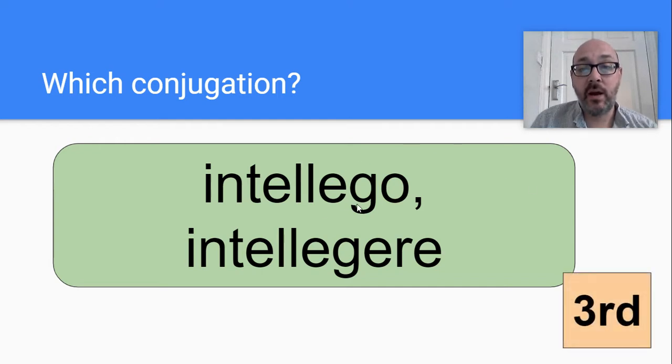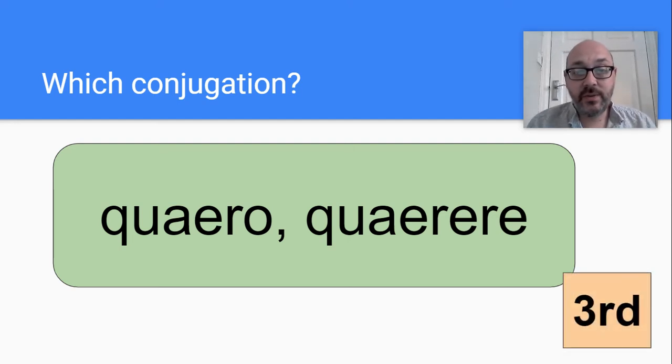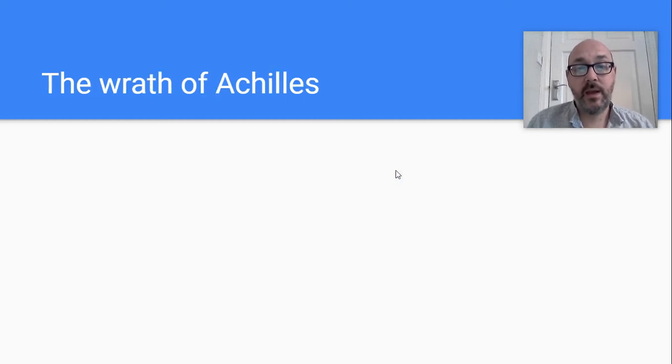So we've met Lego, haven't we? Intellego means I understand. Quaero, quaerere, can't speak today. Quaero, quaerere, third conjugation, and this means to inquire or to seek, or to look for something. Okay, well done. I hope you did well with that.